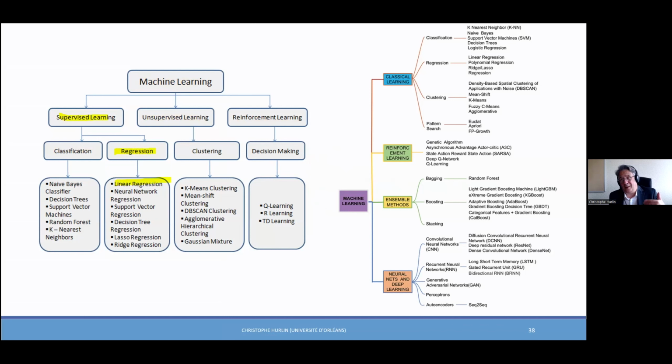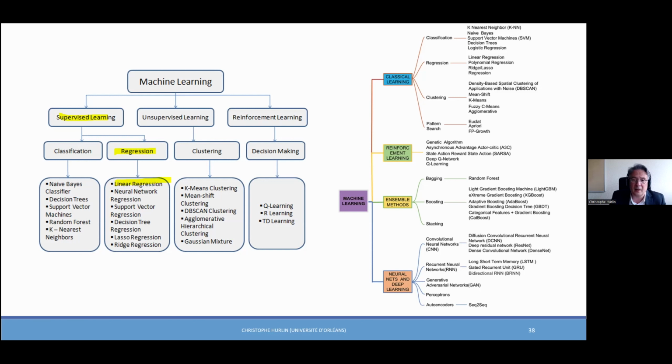The first algorithm that you will find in a machine learning book is linear regression. It is a little bit tricky, so be careful, because it is not the linear regression you have in mind, as there is also a selection method to select which variables are introduced in your linear regression model.